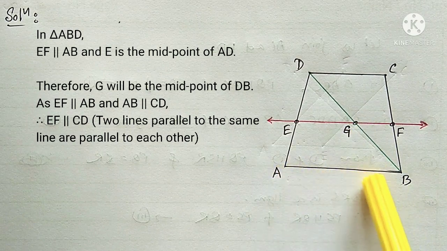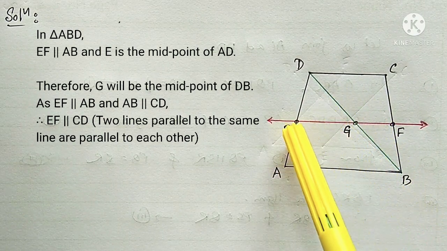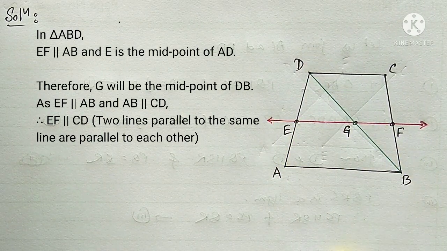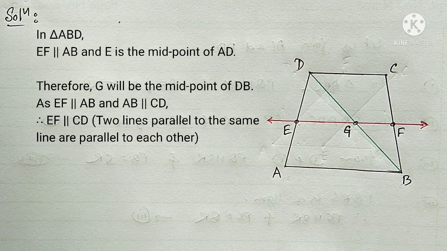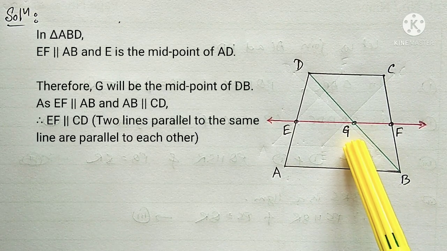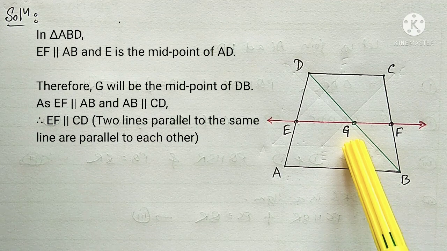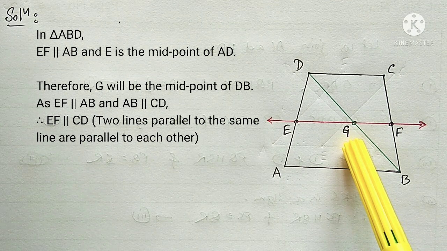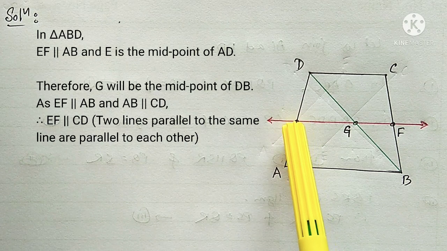Because this line is parallel to this side, obviously this line bisects the third side, according to the statement we know. So that's why G is the midpoint. Is it clear?